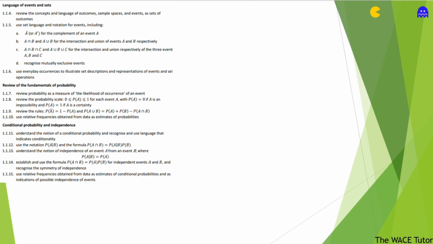Now, let's take a look at the fundamentals of probability. What probability is most fundamentally is a measure of the likelihood of an event occurring.